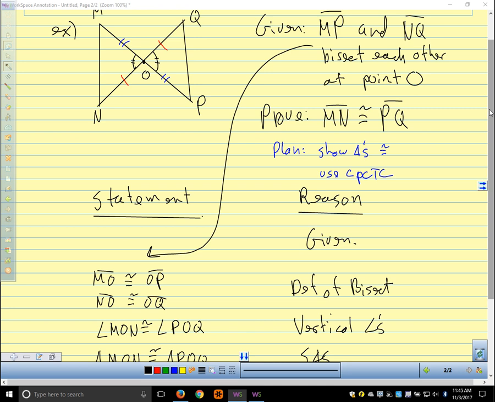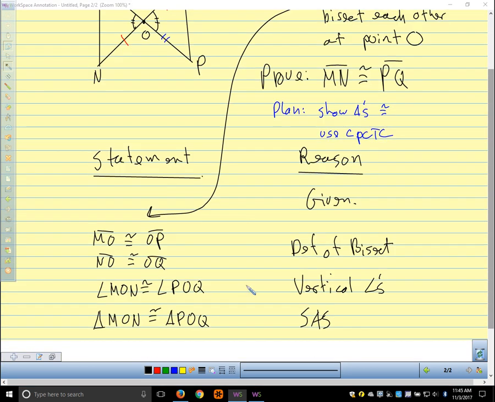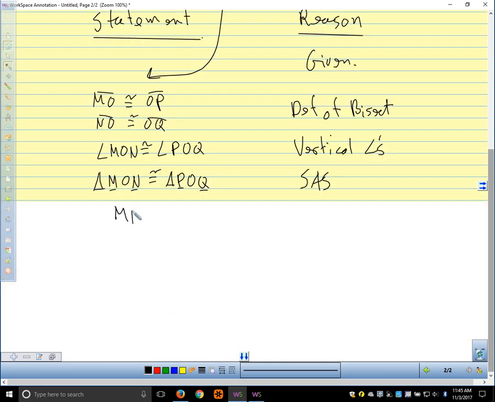Well, now we have the triangles congruent, so all the matching parts have to be congruent. And segment MN matches with segment PQ. So I can say MN is congruent to PQ, and that reason would be CPCTC.